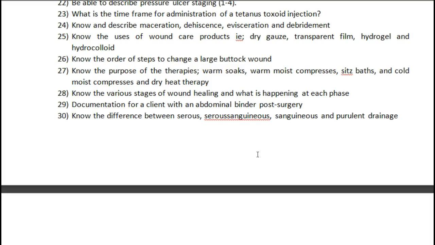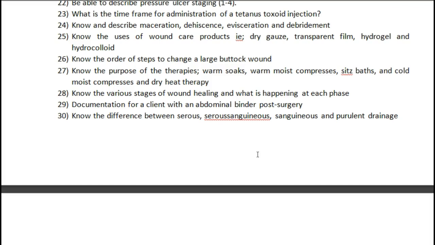If it has a bag attached, you're going to allow it to drain and get I&Os. And if it's a surgical wound, you're going to inspect if it's staples, sutures, or wound closures. You've got to note any irritation, and anything that could show a sign of infection.